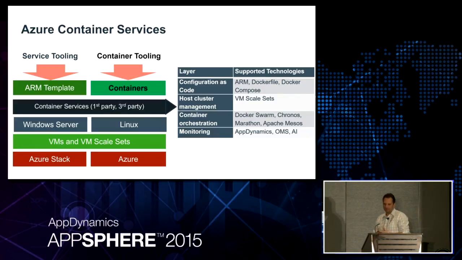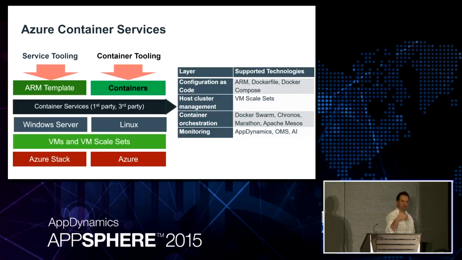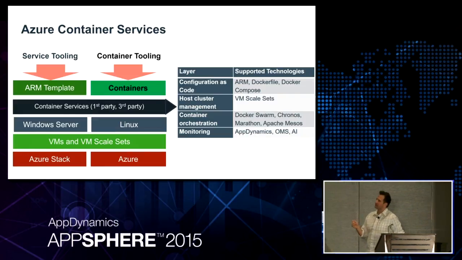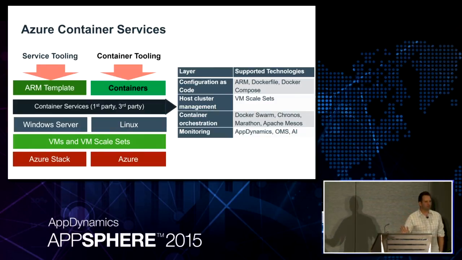So what we've done is we built an Azure Container Service, which is also based on VM scale sets, and it's available on Windows Server and Linux, because we support containers in both worlds, and we use the same mechanisms. The key part of that container service is that it's a true open source container service. There's nothing Microsoft has done that's different from what's out there in the open source world.